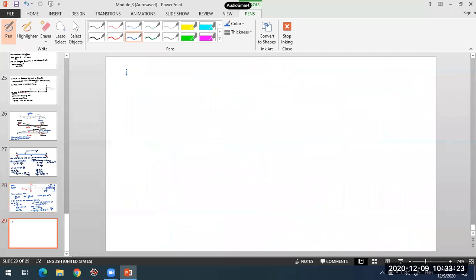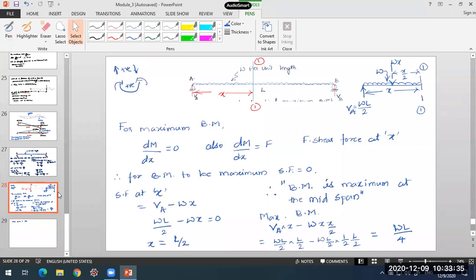So in such a case, what can I write, the formula for maximum bending moment in case of a simply supported beam carrying UDL? Maximum bending moment will be equal to WL by, how much did we get, WL by 8 or 4? One minute. This will come out to be WL square first of all.